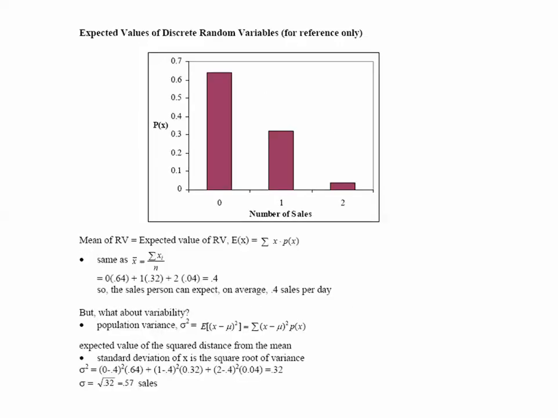So let's say that the person can make 0 sales. Well, how is it that the person makes 0 sales? The probability that a person does not make a sale on a call is 0.8.